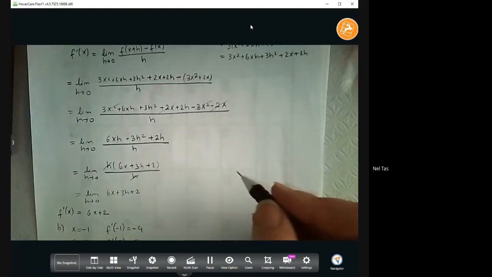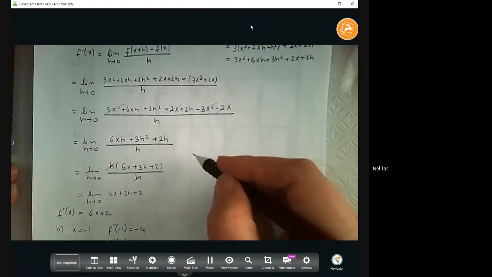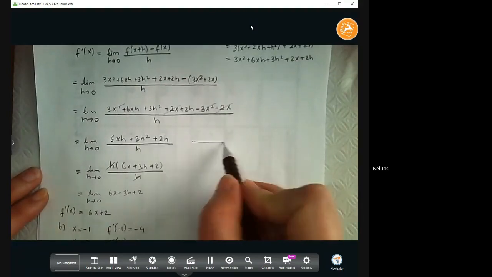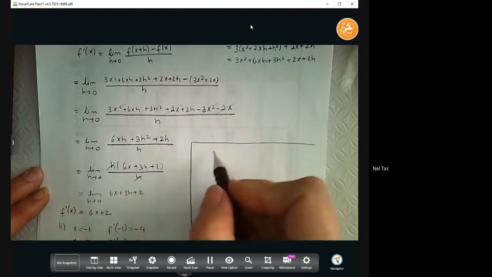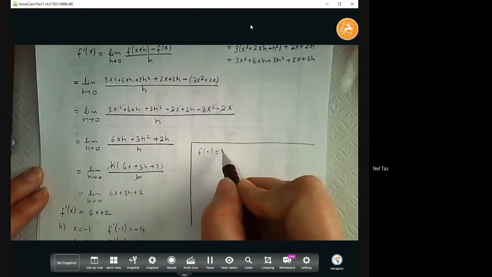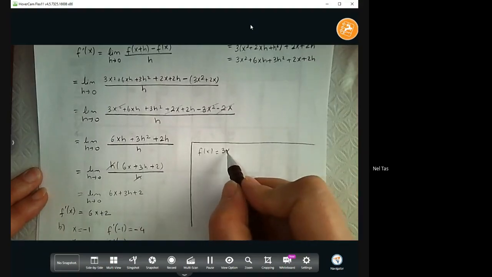So I'm going to sketch this function quickly. The original function is f of x equals 3x squared plus 2x.